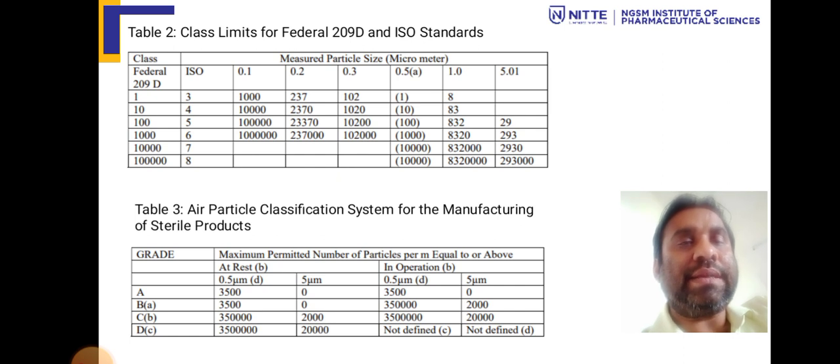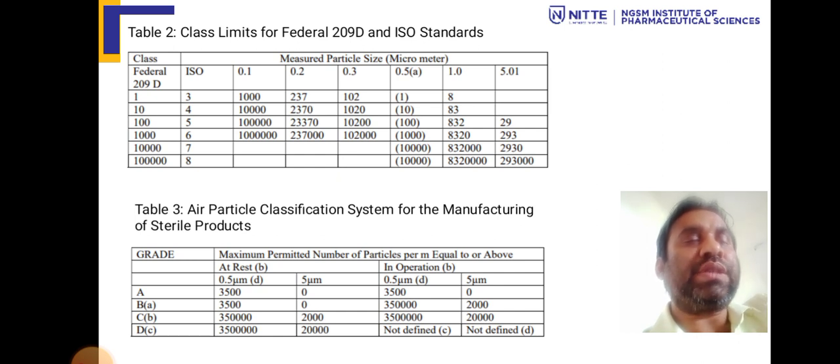The count should be around 102 for 0.1, it can be over 1020. Micrometers of 0.5 should be around 10, and micrometers of 1 should be around 80. So this is the classification, 80 to 83.